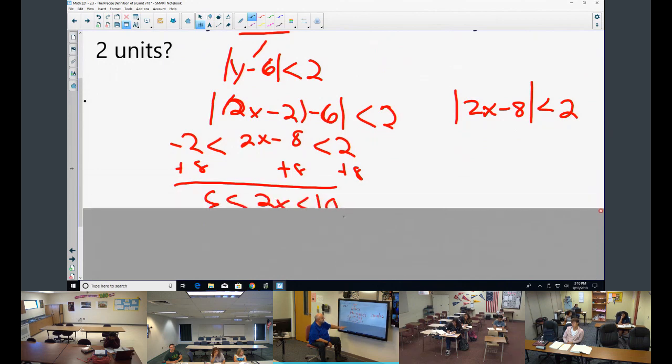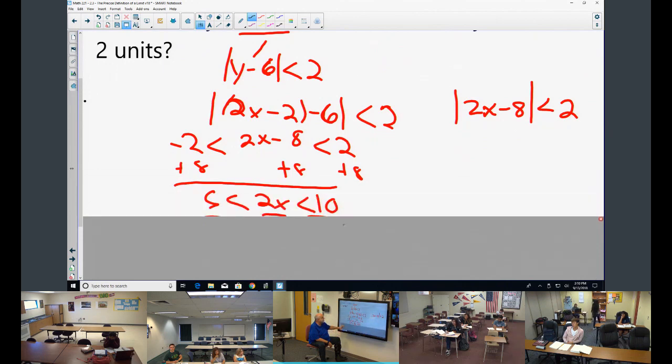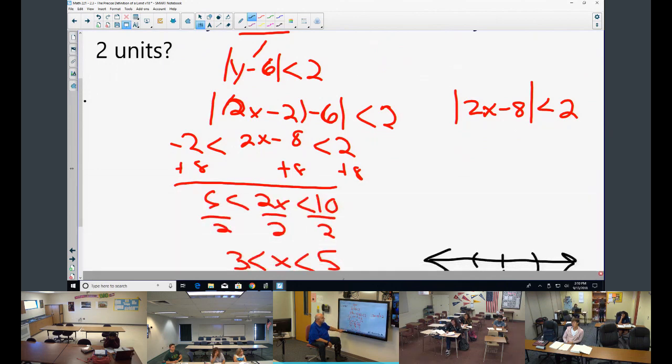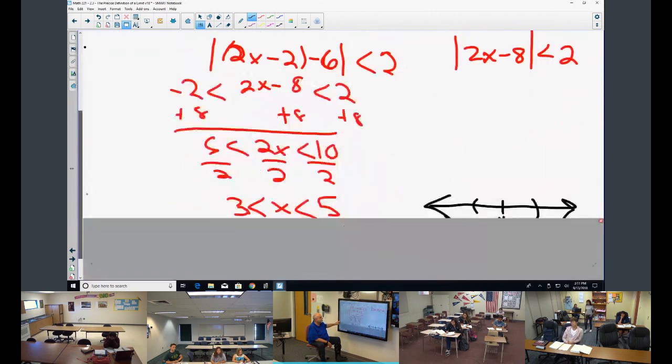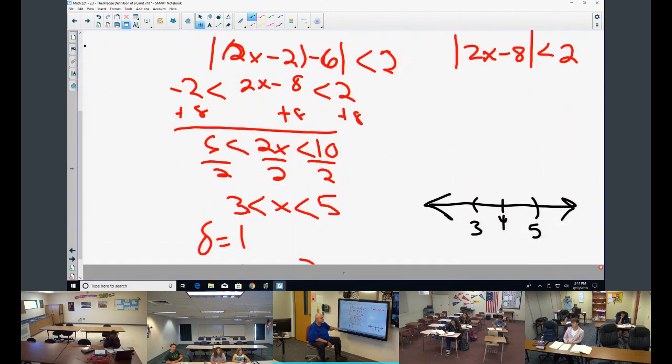Add 8. Divide by 2. And you get x is between 3 and 5. So since our target is 4, then our delta is 1. Okay, great job. Any questions?